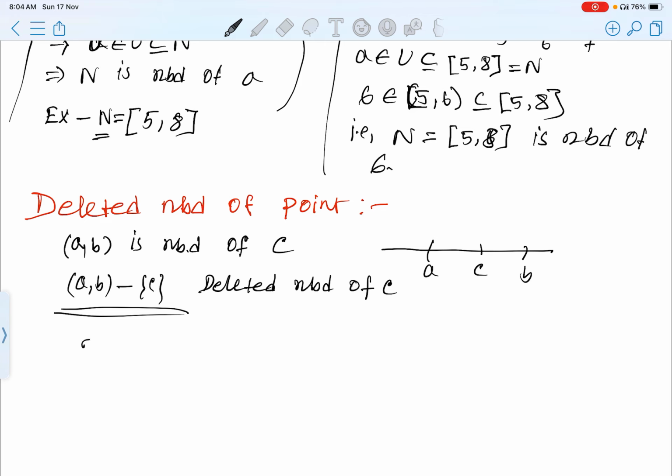Okay, take an example. Say (2, 4) is the neighborhood of 3 with delta equal to 1, which is greater than 0. Now what is the deleted neighborhood of 3?